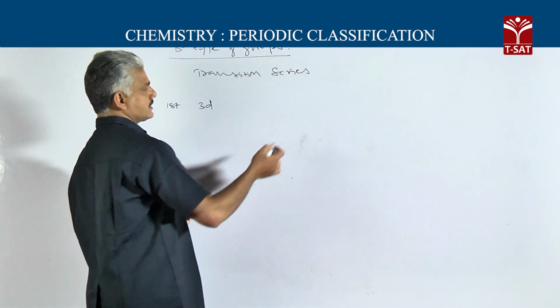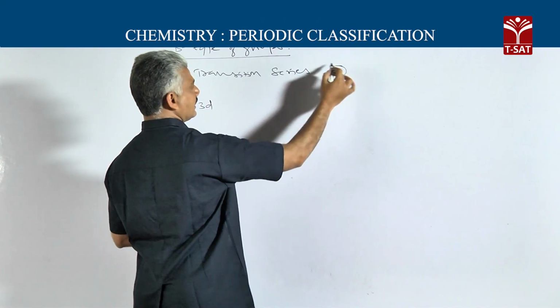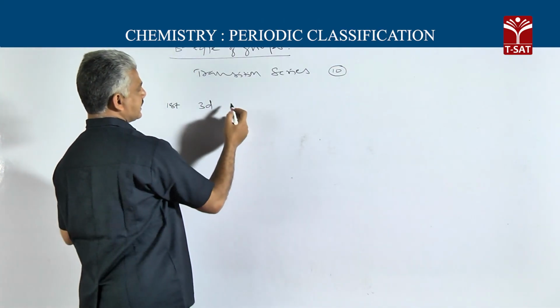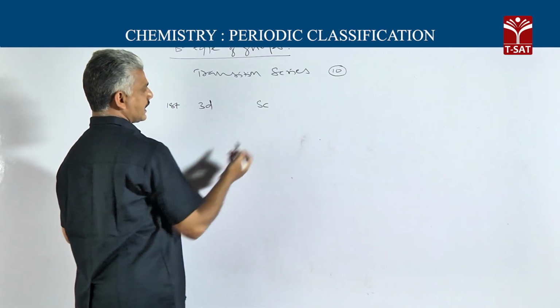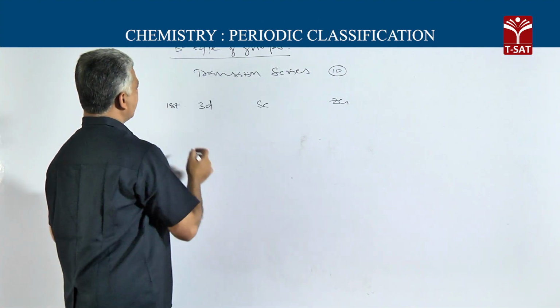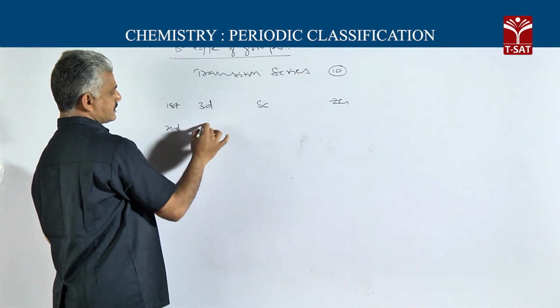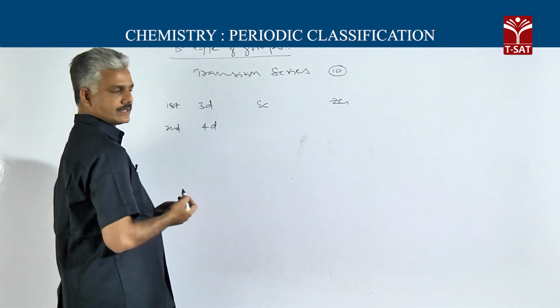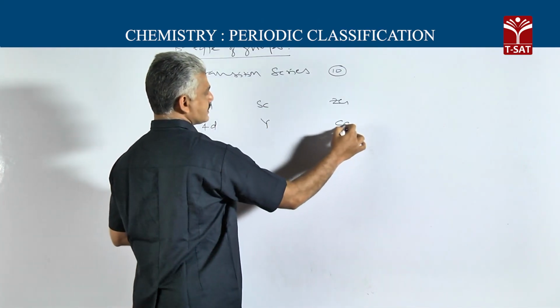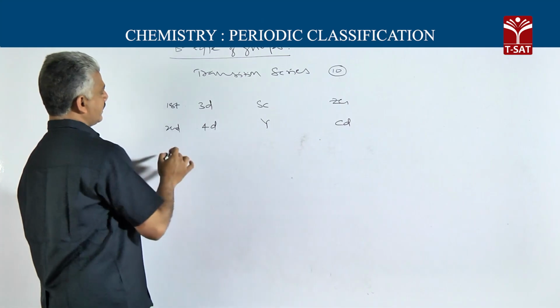In each transition series, a total of 10 elements will be present. The first transition series begins with scandium and ends with zinc. The second transition series, also called the 4d series, begins with yttrium and ends with cadmium.